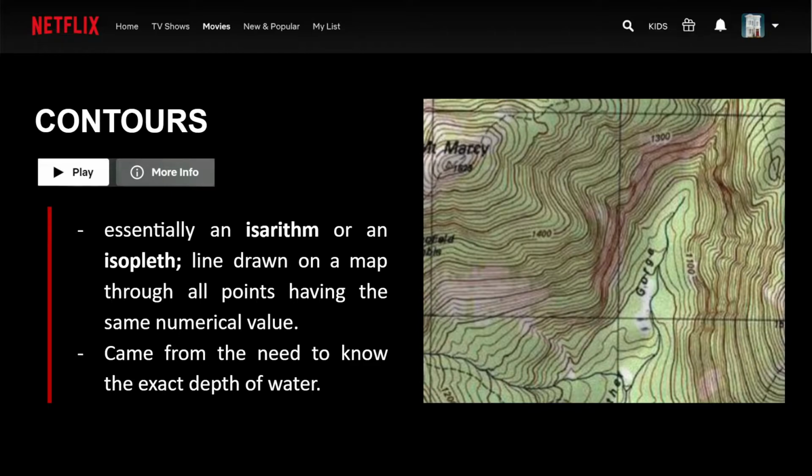They are essentially an isogram or an isopleth: lines drawn on a map through all points having the same numerical value, as of a population figure or geographic measurement.